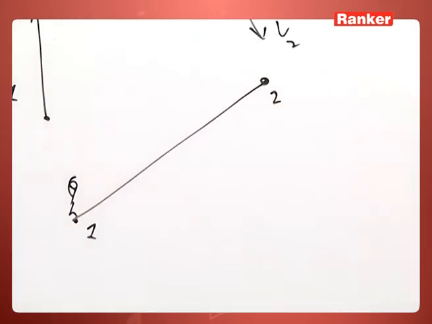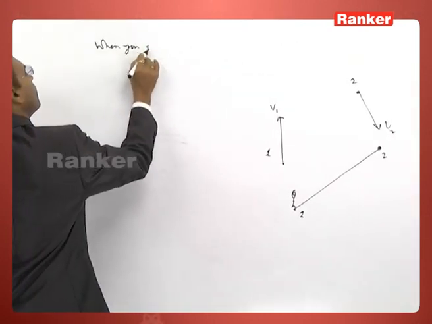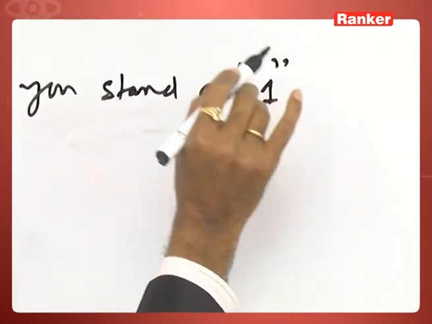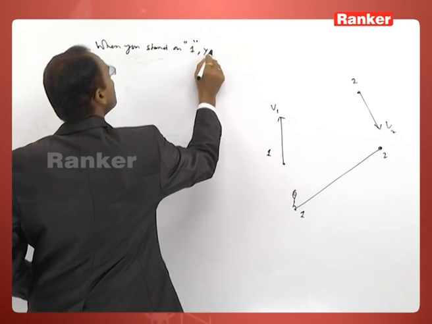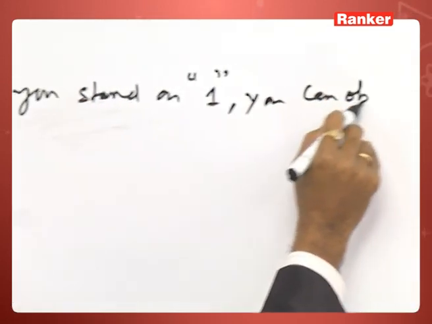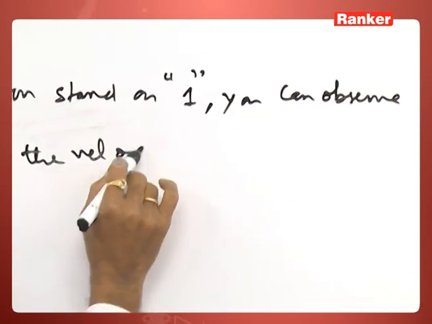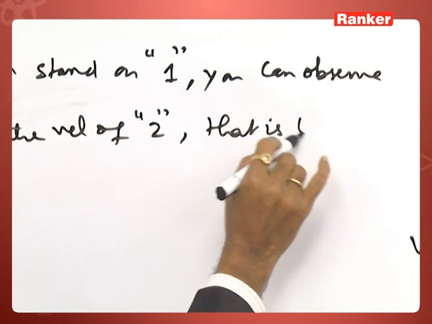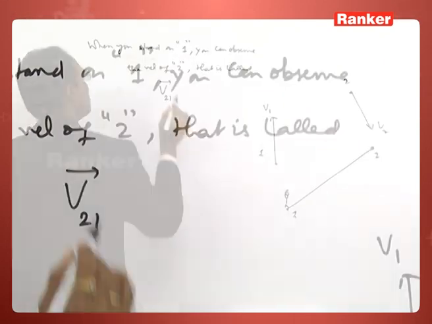When you stand on particle 1, you can observe the velocity of particle 2, that is called velocity of 2 with respect to 1.